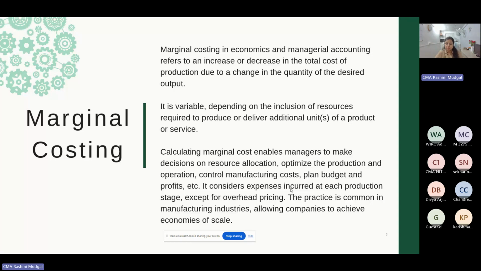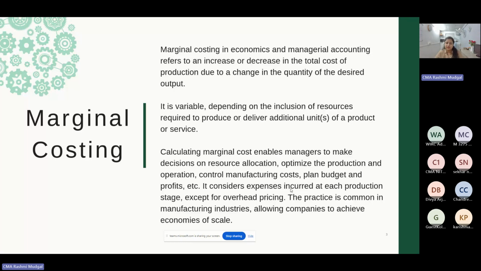As the assumption of marginal costing, we assume that fixed cost will remain the same at any level of manufacturing, and marginal costing is a short term period costing. Why is it short term? Because here we assume that fixed cost remains the same while we are increasing the sale and the output.